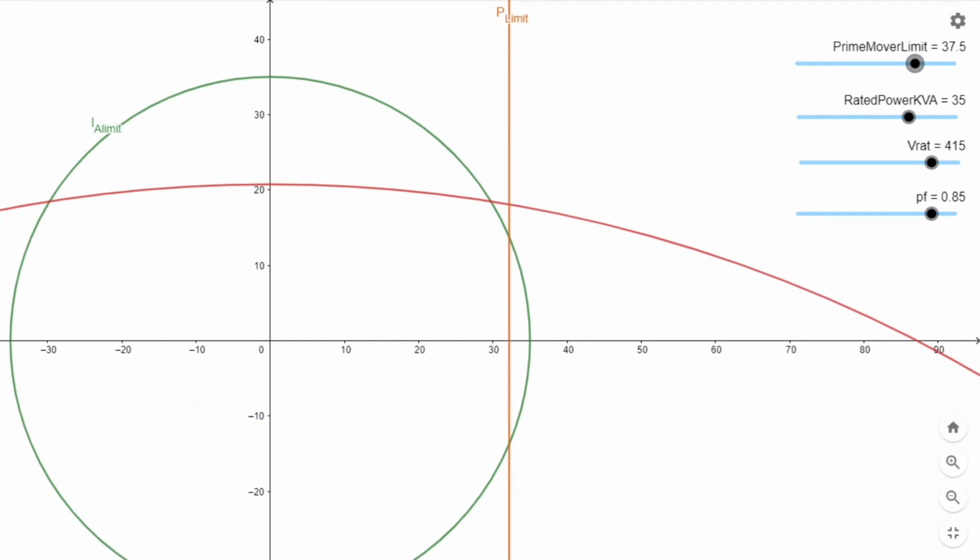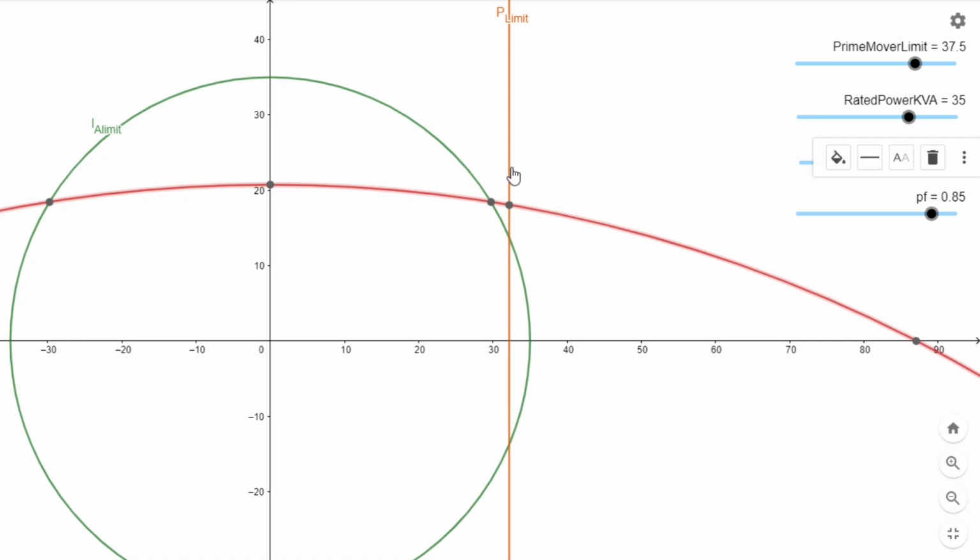So there now we have what we call the capability curve of a particular machine. And here we can see the three limitations that we have talked about. Here IA limit is the limit of the stator current. Here IF limit is the limit of field current or voltage, internal generated voltage.